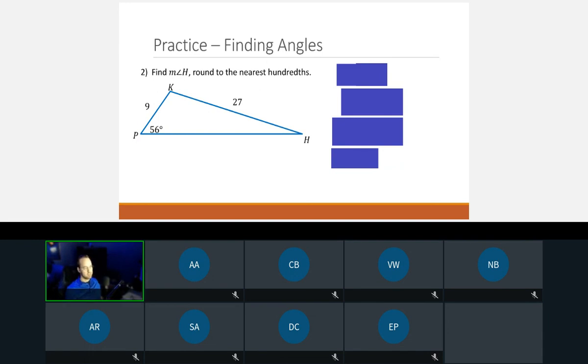So 0.6. So make sure that you are in radians. Well, let's see. 0.6. Let me convert that into, let's see, 0.6.